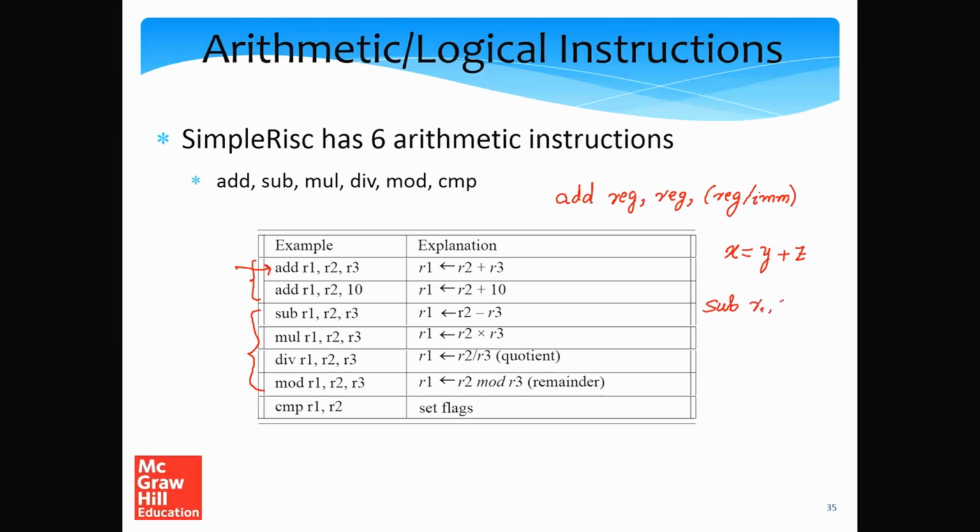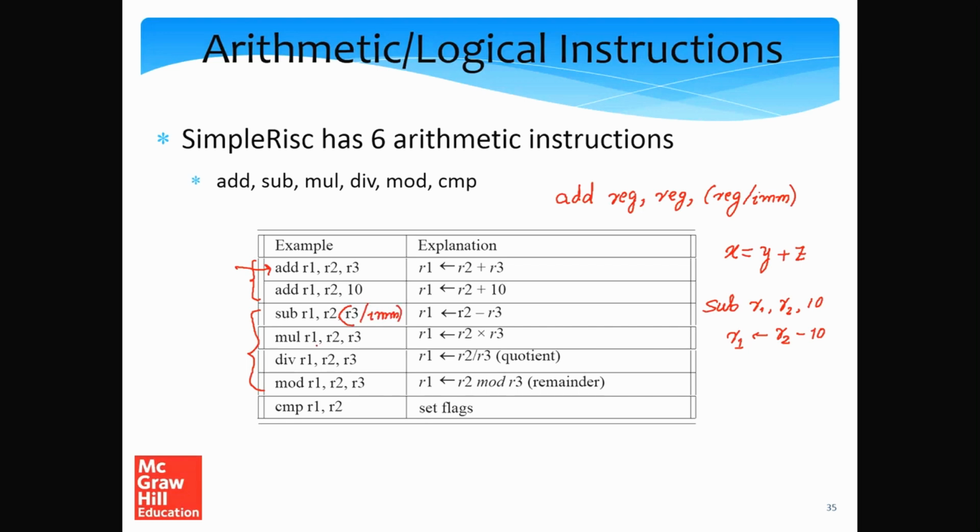So I can very well write R1, R2 and 10. So what this will essentially do is that it will set R1 to the contents of R2 minus 10. So I have not shown this case for lack of space, but the third operand can either be a register or it can be an immediate.